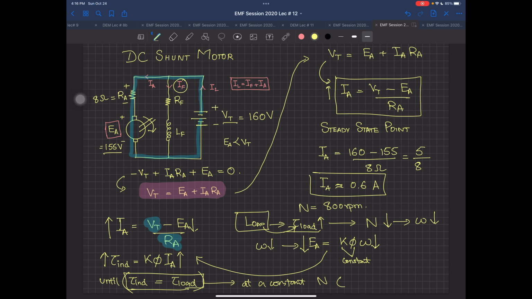And certainly this N will be less than 800 RPM. Why? Because now the car is still going up, but it has to exert more torque.